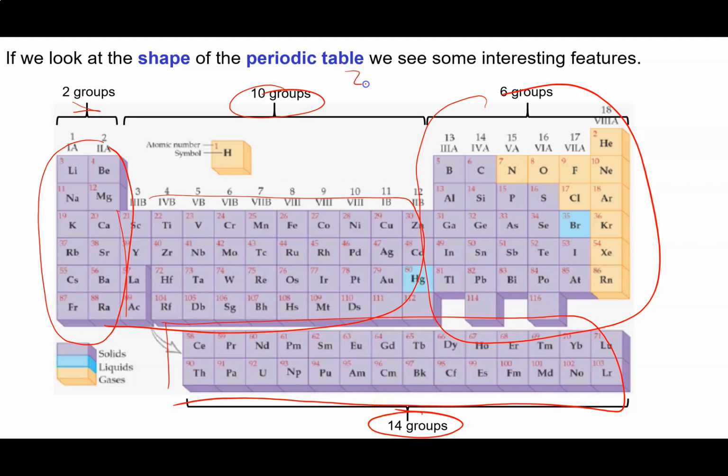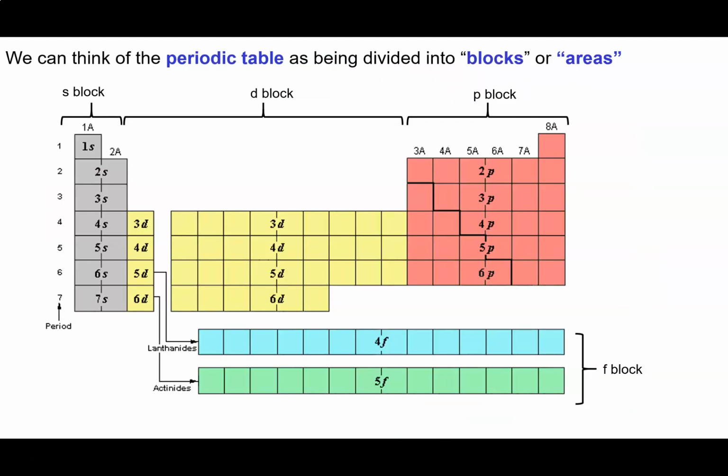Now, where have we seen 2, 6, 10, and 14 before? Well, that is simply the number of electrons that it's possible to put into an s, p, d, and f subshell, respectively. So it seems as though the shape of the periodic table is related to the electron configuration of the elements.